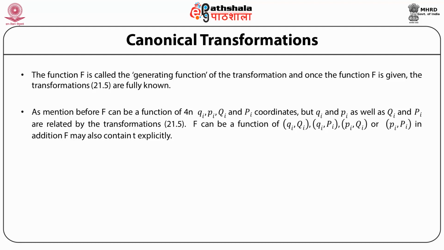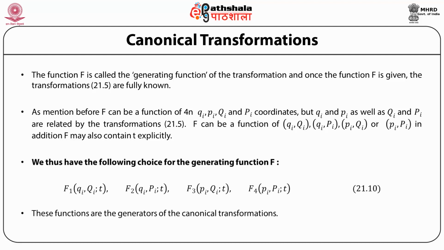But the old as well as the new coordinates and momenta are related, so F can be a function of either the old coordinates and the new coordinates, or the old coordinates and the new momenta, or the old momenta and the new coordinates, or the old momenta and the new momenta. In addition, F can contain time explicitly.